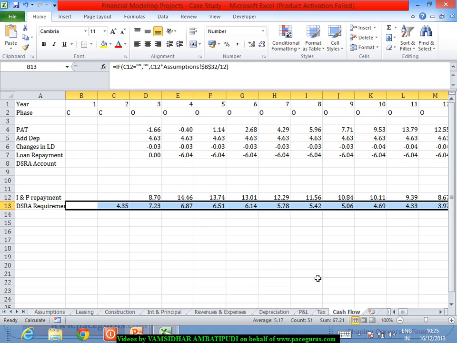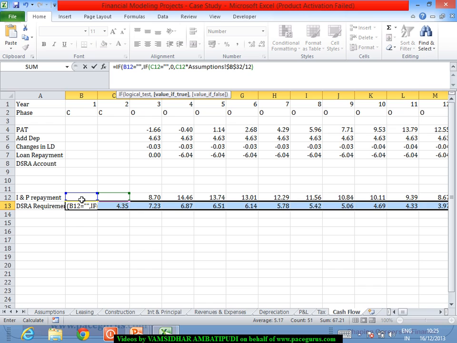If at all I'm putting this as a blank, probably it's better that I handle it with a 0 here, whereas I put another requirement on top of it saying if this value equals blank, leave it as blank. Probably if I am putting one more rule on top of it, it may solve a slightly different purpose for me.